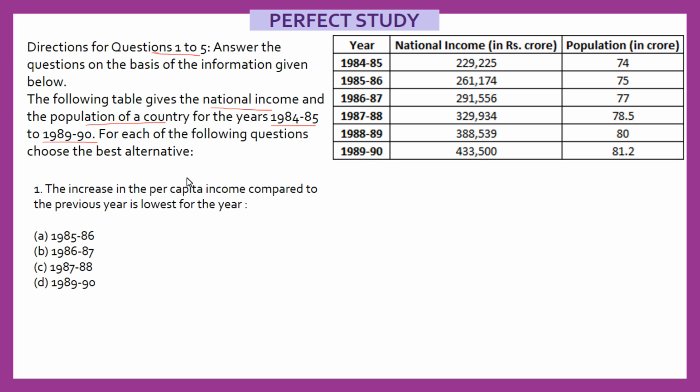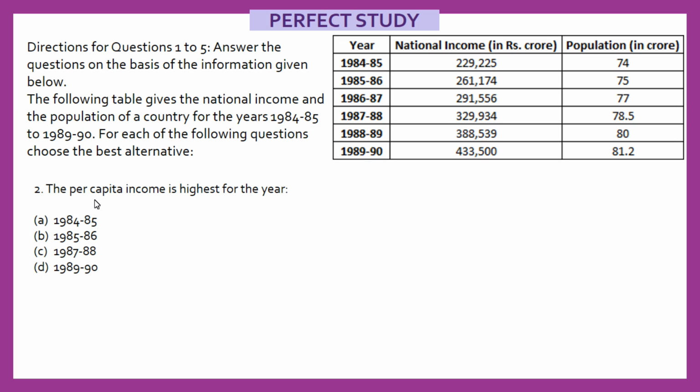Now what we will do is, first I will just take you through the 5 questions and then we will begin the solution. The first is, the increase in the per capita income compared to previous year is lowest for the year. Second, the per capita income is highest for the year.